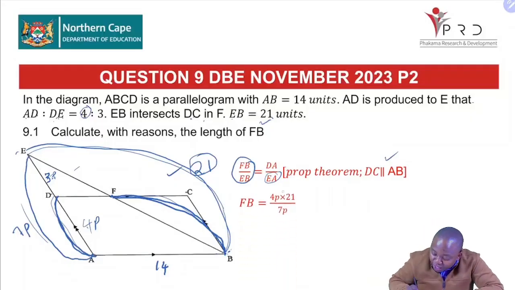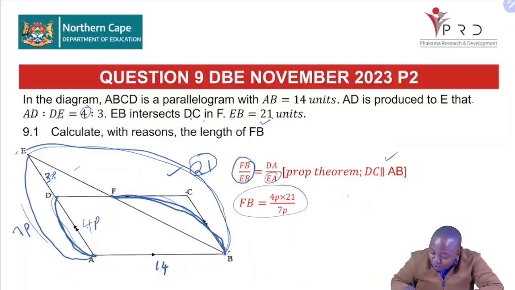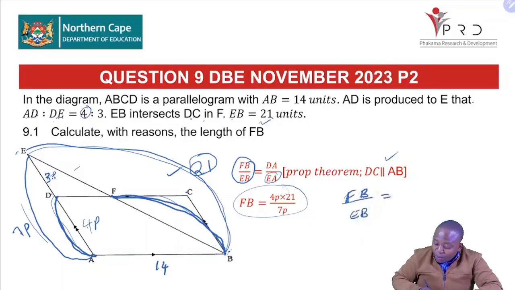Let us now proceed. We know that FB all over EB is now equal to DA, which is 4p, so it's 4p all over my EA, which is 7p.